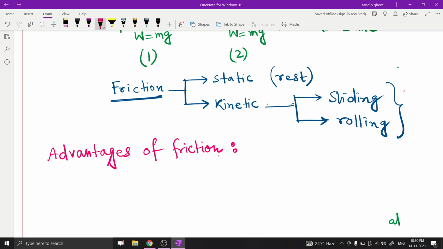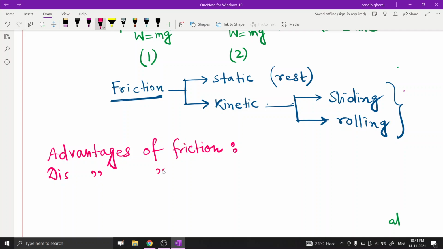Friction allows us to write on paper, and another one is friction helps us to light a matchstick by rubbing it against the matchbox. These are the advantages of friction. And what are the disadvantages? There are several disadvantages of friction also.